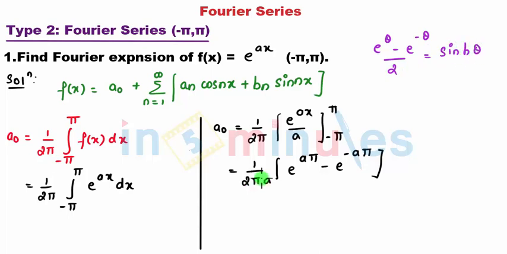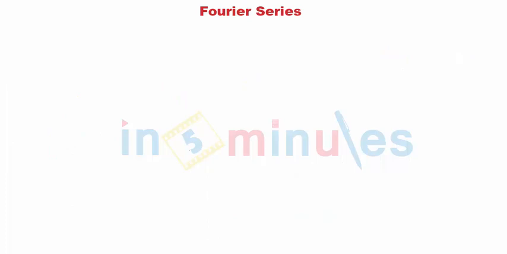In the same way, we have already 2, so I took 2 inside, so a0 becomes 1 upon pi a, and when 2 comes inside, that is divided by, so that becomes e raised to theta minus e raised to minus theta, so sine hyperbolic theta, that is a pi. So that's my a0. Now let's go with an.